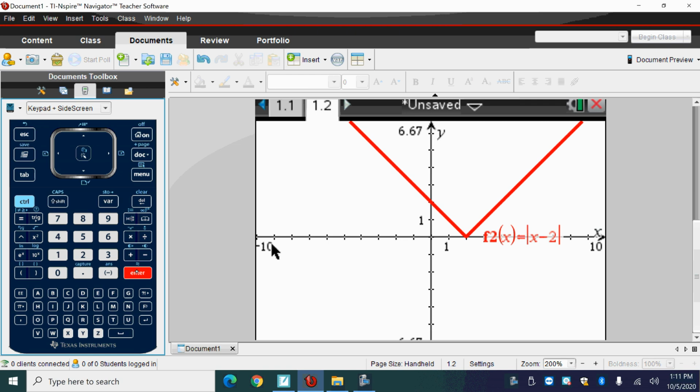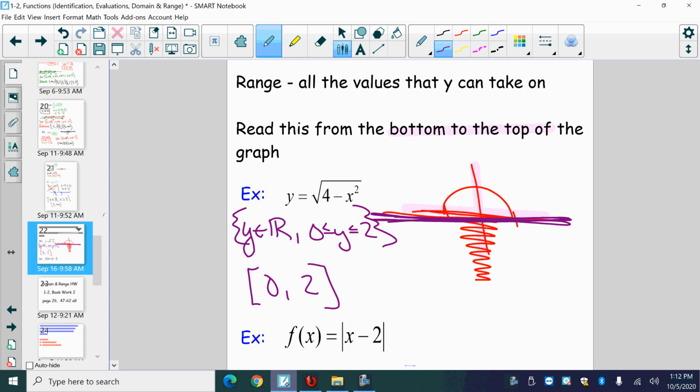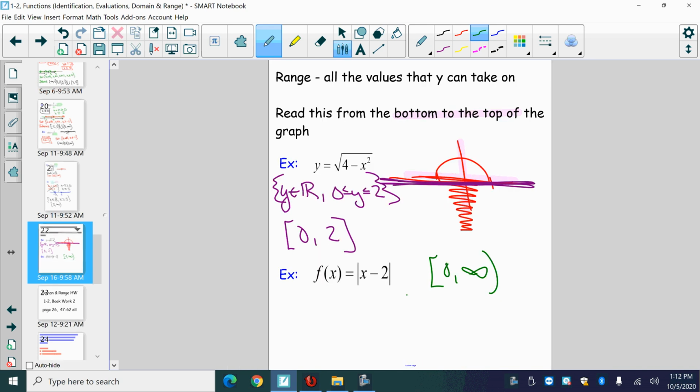The height is going to be your y value. It's at 0, and it goes all the way to infinity. So my answer is going to be, starts out at 0, and it ends all the way to infinity. Or you can say y is an element of the reals, but y must be greater than or equal to 0.